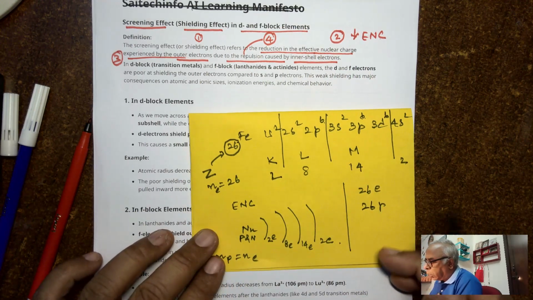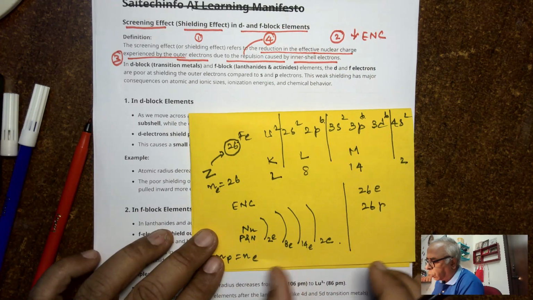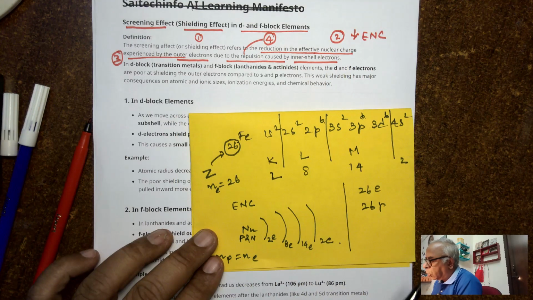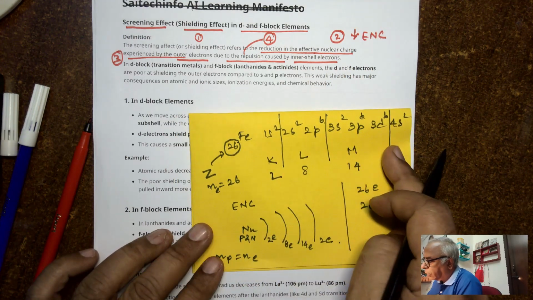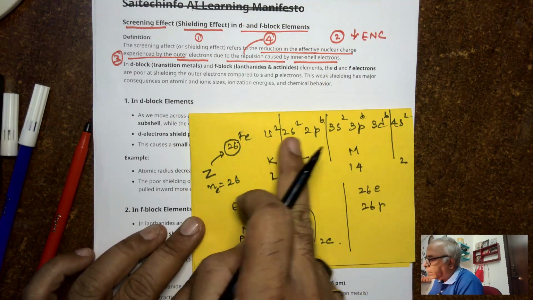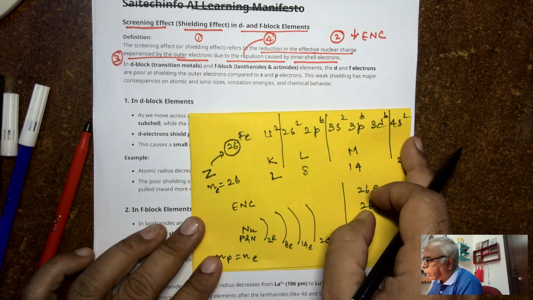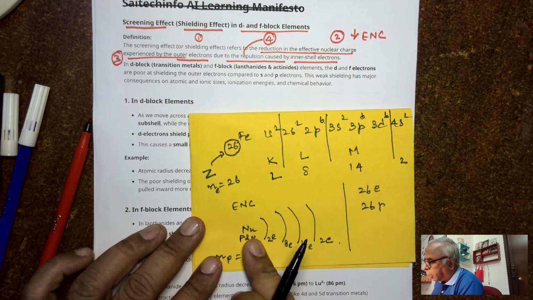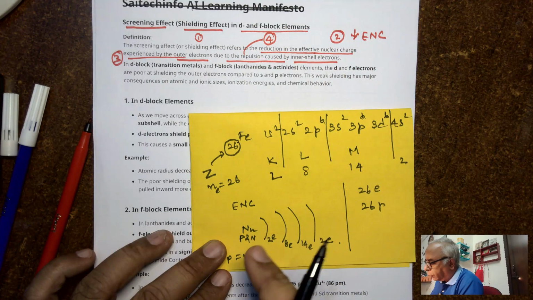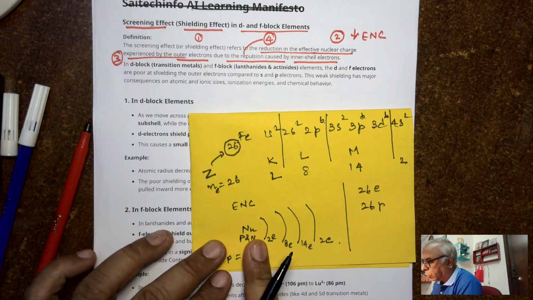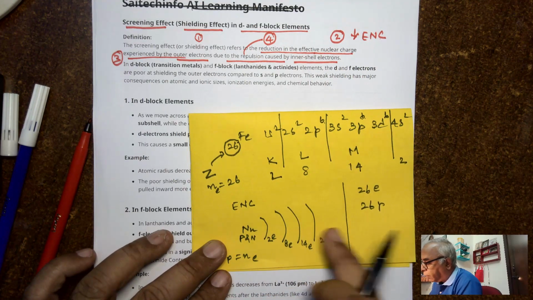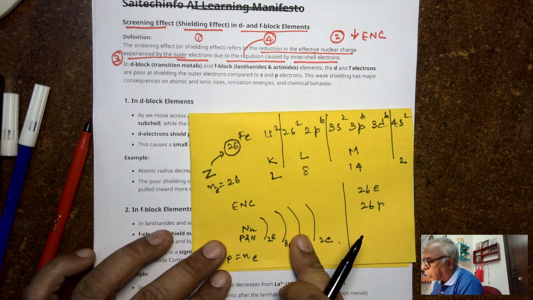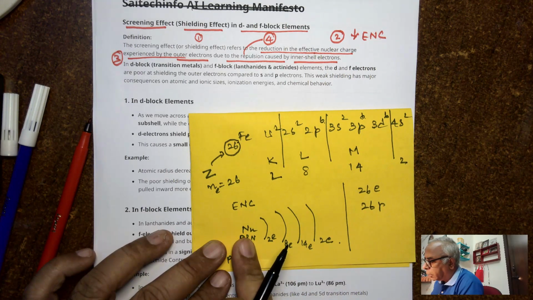So the atom is neutral. With the increase of these energy levels in the electronic configuration, there is an increase in the effective nuclear charge also. Do you understand? For every loading of an electron, there is an increase in the effective nuclear charge.